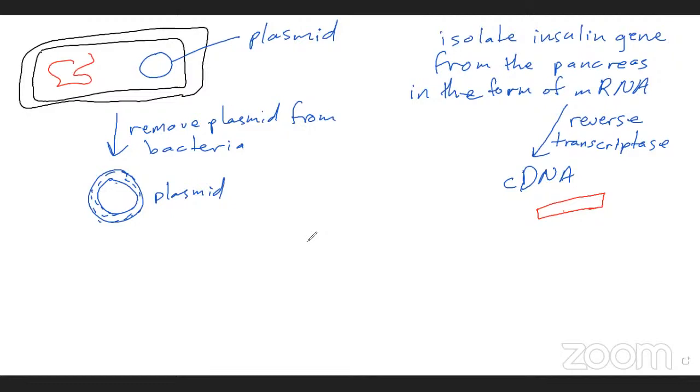This process cannot be done without restriction enzymes. Two types of enzymes: the restriction enzyme, which is for cutting, and DNA ligase, which is for joining. So it's like cut and paste. The restriction enzyme is the scissors, and the DNA ligase is the glue. So what we need to do now is cut the plasmid.